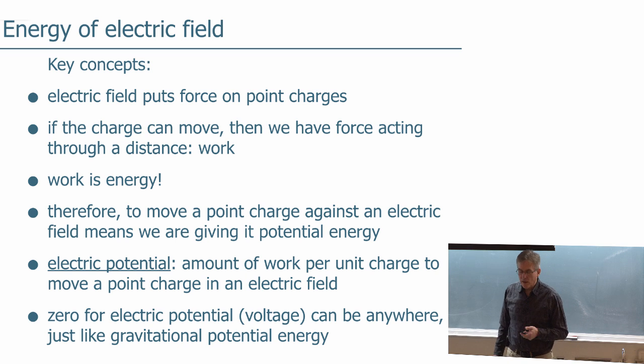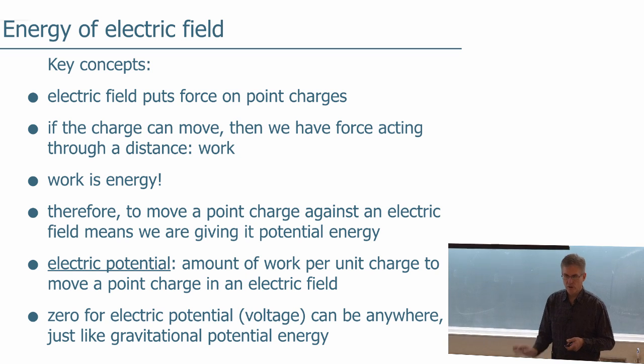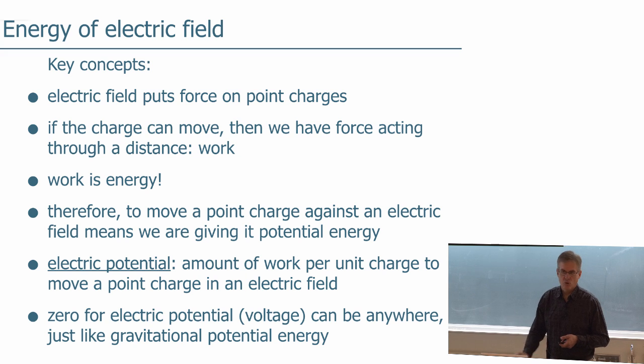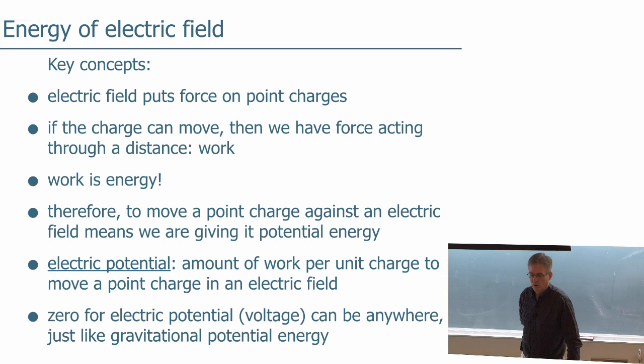So if you want to move a point charge in an electric field, if you want to push it from one point to another, you're doing work to move it. Or it's doing work on you, right? If it's going in the direction it wants to due to the electric field, that's one thing. If you're pushing it against the electric field, you're doing work.